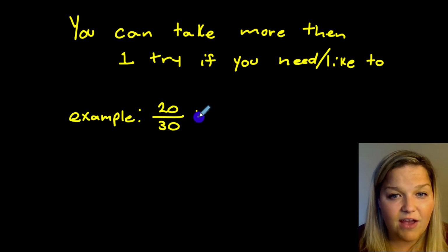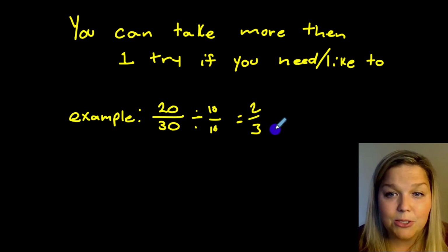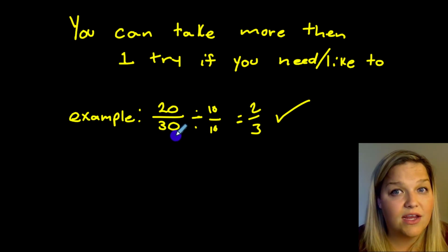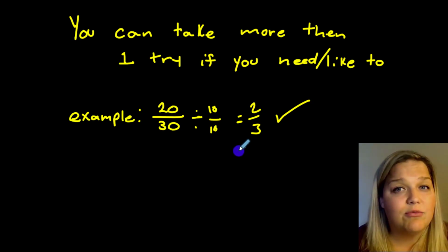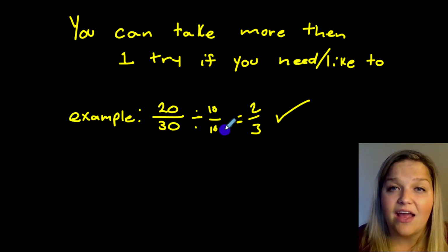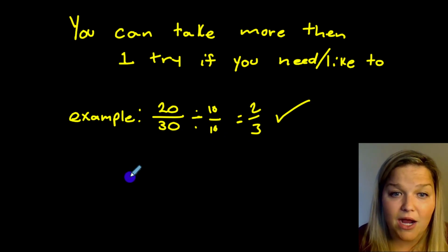So if I divide my numerator and denominator by 10, I get 2 thirds, and always check. 2 and 3, any more common factors? Nope, that is lowest terms, because 20 over 30 is equivalent to 2 thirds, but 2 thirds is much more simple. But there may be times where you don't guess the greatest common factor on the first try. So I wanted to show you an example of that.